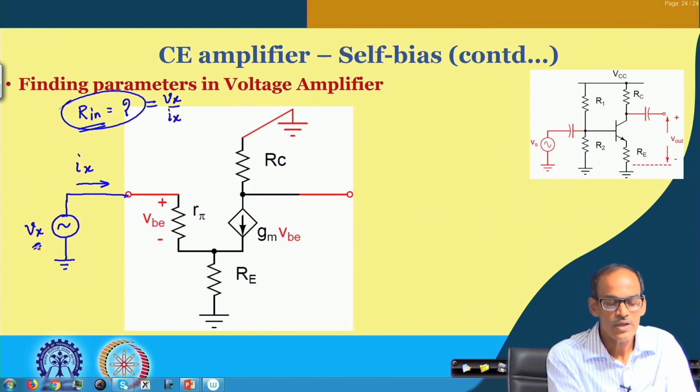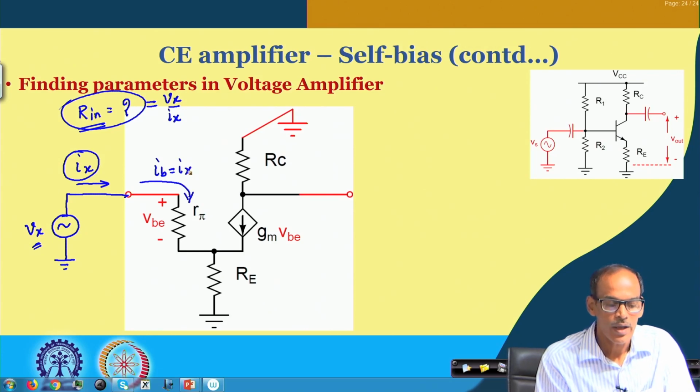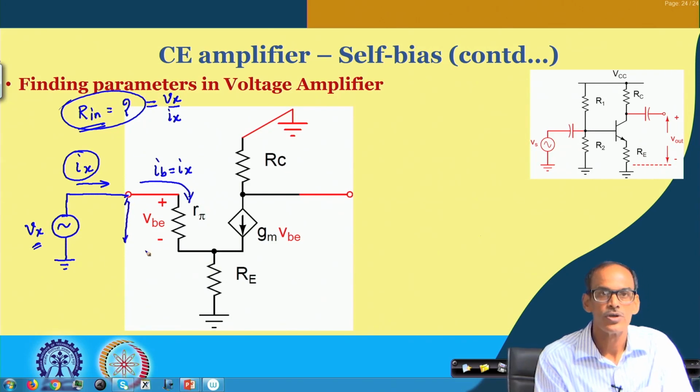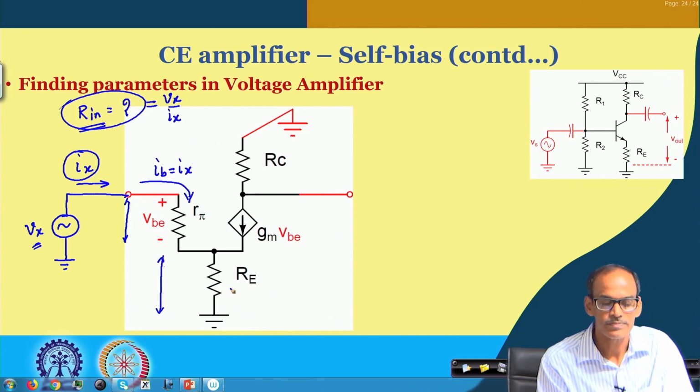And if I say that this is the V x, we may say that this current flows through this circuit as the base current. So, I b equals I x, and the voltage V x again has two components. One is the voltage across this R pi, which is V BE, and also the drop across this R e.